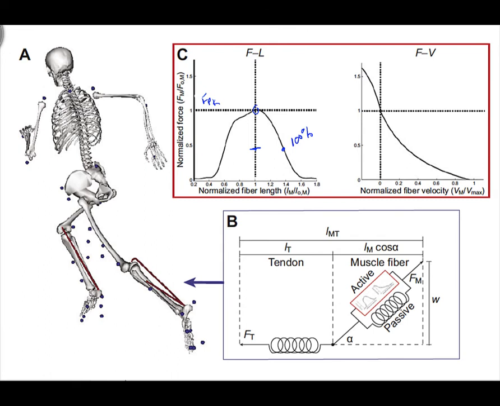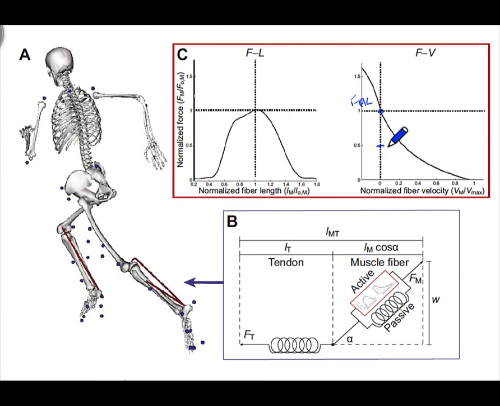Okay, so let's do the same thing now for the force velocity curve. So again, we note that the peak force is here at 1, and that 0 on this graph is 0 velocity, so that's an isometric contraction, so that's our peak at that velocity. Okay, and so essentially if the body now wanted to produce 50% of the peak at a 0 velocity, it would need 50% neural drive to get to this level.